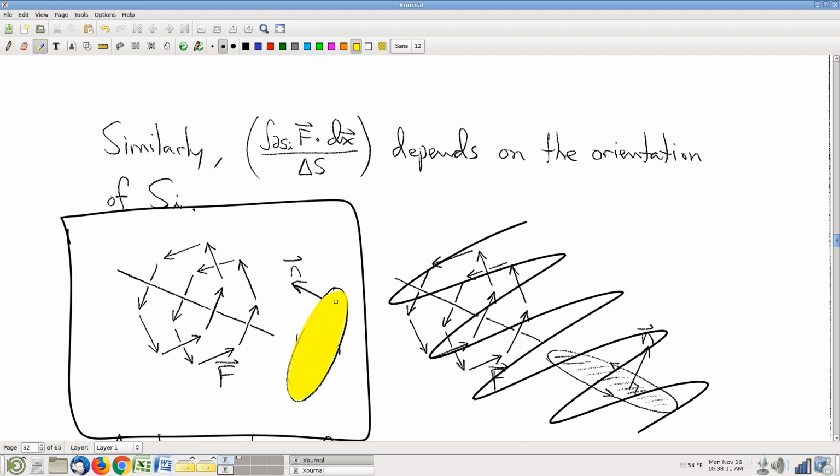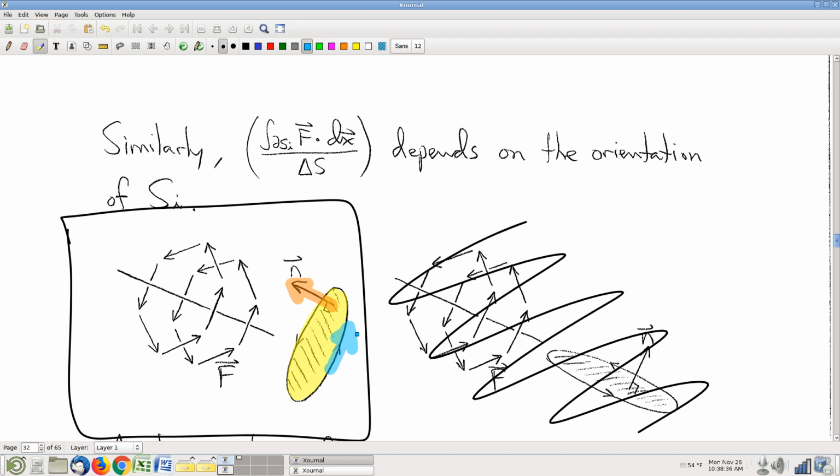Let's talk about the circulation, which of course means boundary circulation around this thing. Now notice we have an orientation. So there's an oriented little piece of surface, and right hand rule, thumb, fingers, swirl, and we're going around that way, around the boundary.